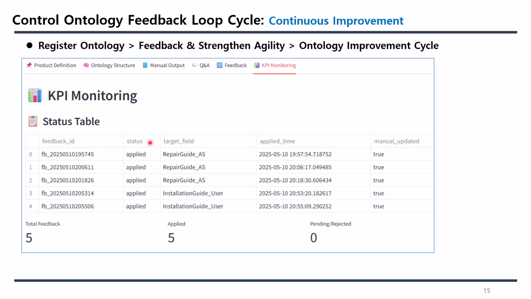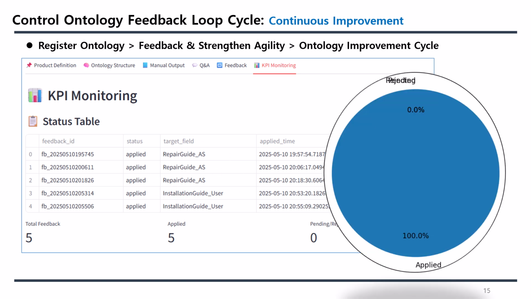This is a kind of monitoring system: if the ontology way of process management is securely generated, we have to monitor whether the planned implementation and enhancement of ontology is occurring as we expected.